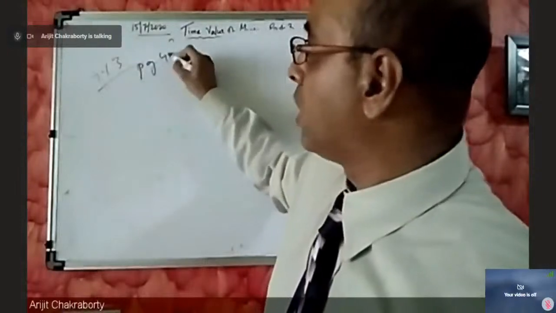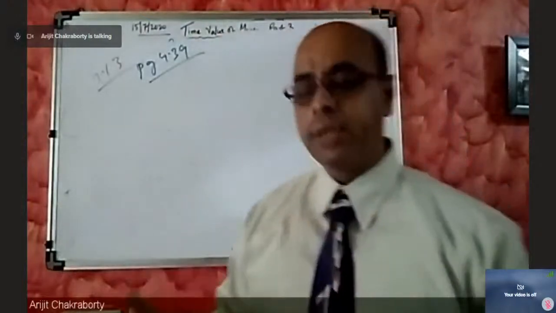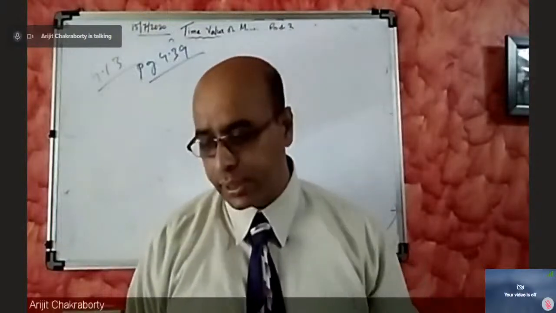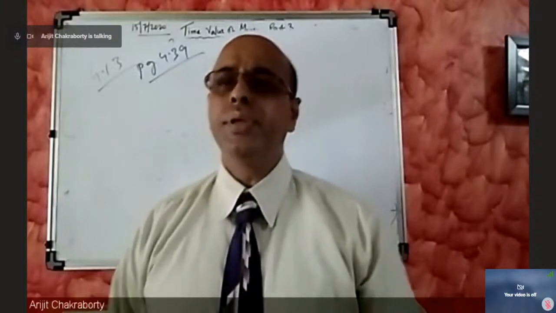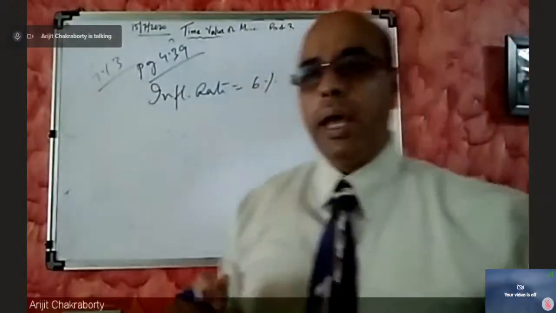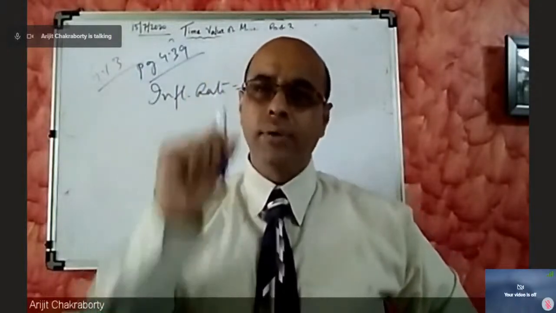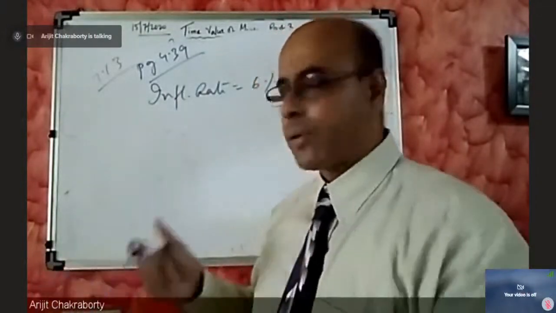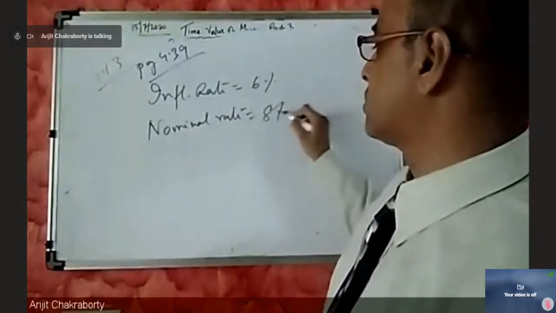4.13, page number 4.39. So this is something I have already discussed, and that is regarding the rate of return, nominal rate of return. Last day and today also I was discussing inflation, and I also stated that if the inflation rate is say 6%, and say for example the nominal rate of return I am getting is 8%.